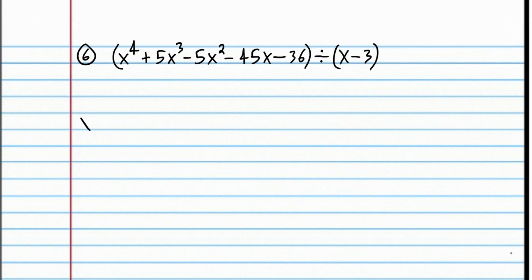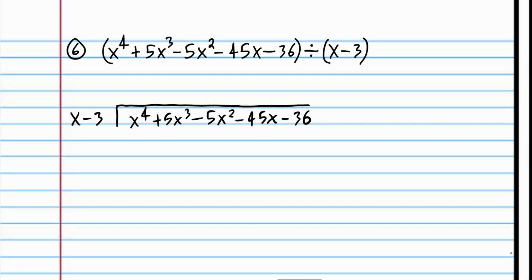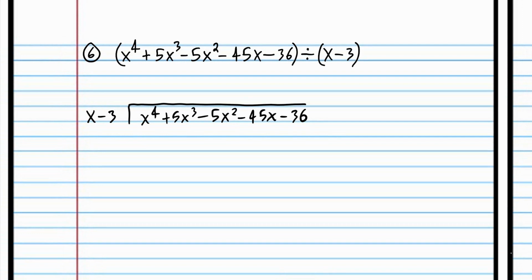So as usual, write your divisor at the far left. Make sure you have enough room. And write your dividend inside this little half box shape. And let's go double check everything that we wrote to make sure that we copied everything properly.